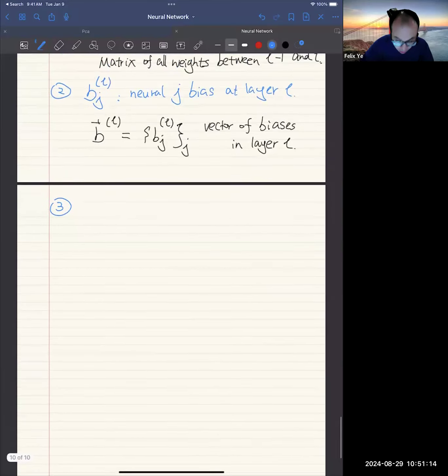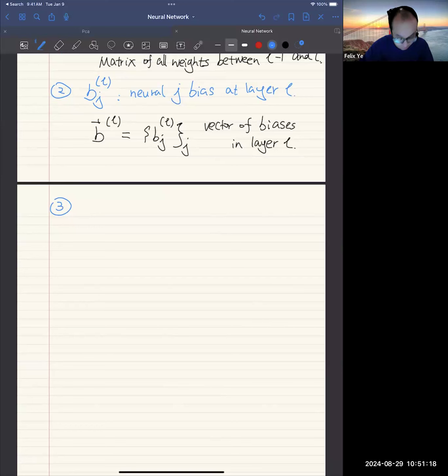Number 3, then we have something called A. A is the output of neuron J, so I'm going to call it AJ of L: the output of neuron J at layer L. Okay, and the same thing, we can vectorize it.